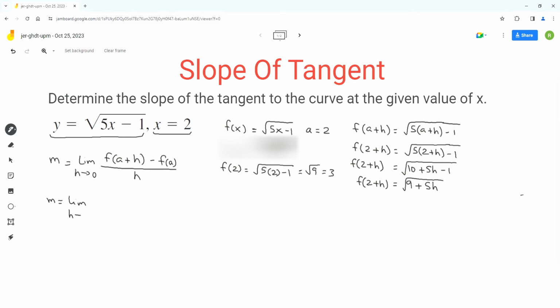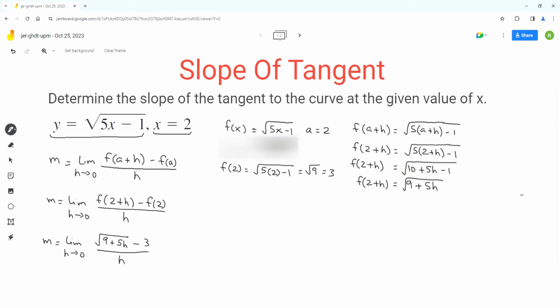So limit h approaches 0, f at 2 plus h minus f at 2 over h. We can sub in the expressions. So limit h approaches 0, f at 2 plus h is square root of 9 plus 5h, minus f at 2, which we found to be equal to 3, over h.